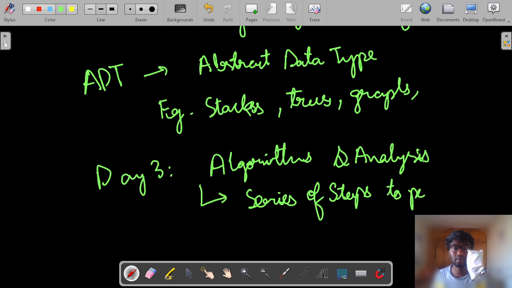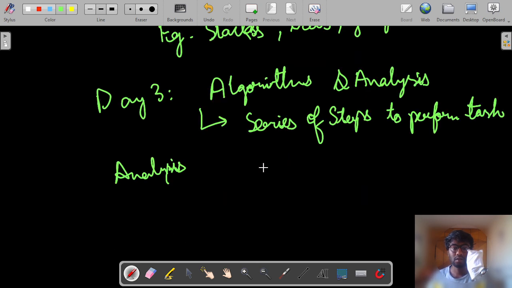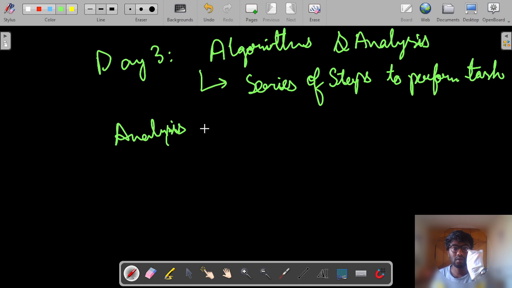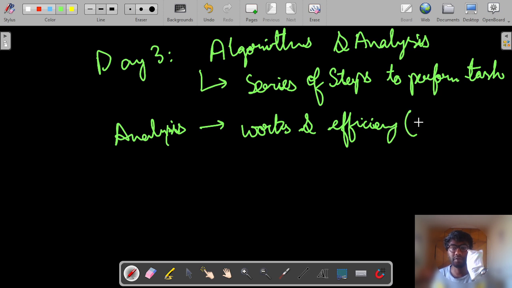And analysis is a way of measuring if the work is getting done, if it works, and also the efficiency with time and space, time and memory, right?